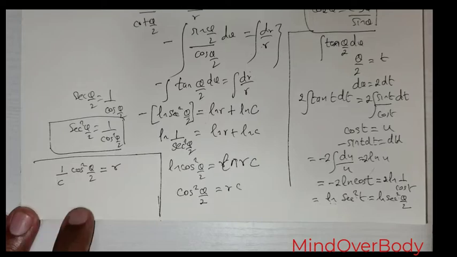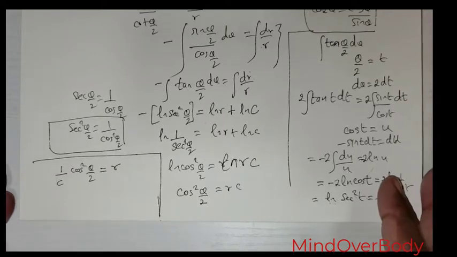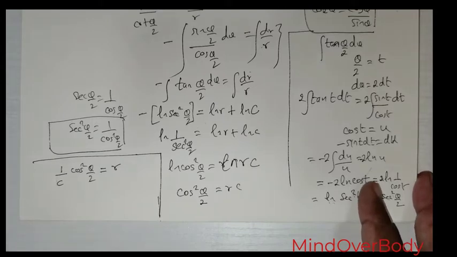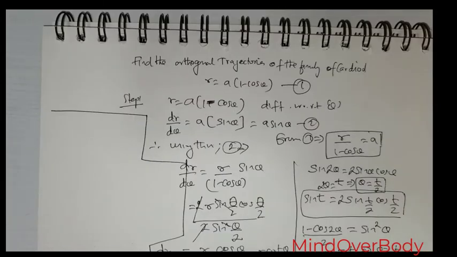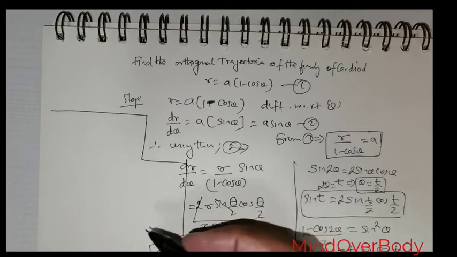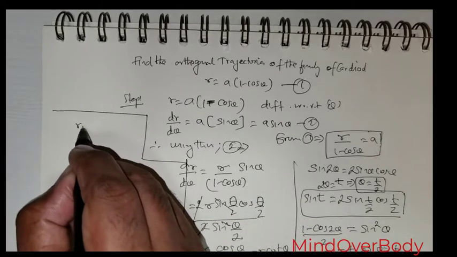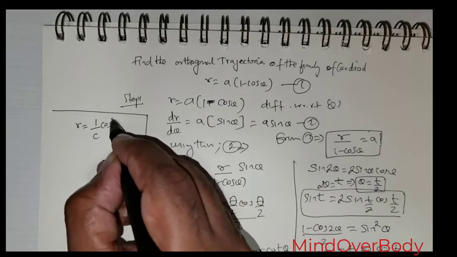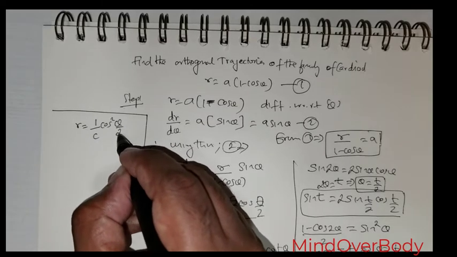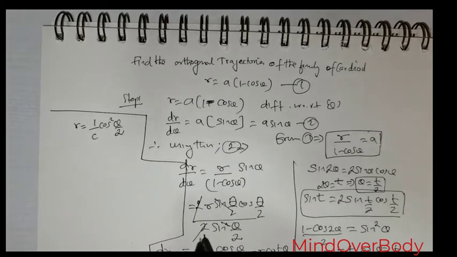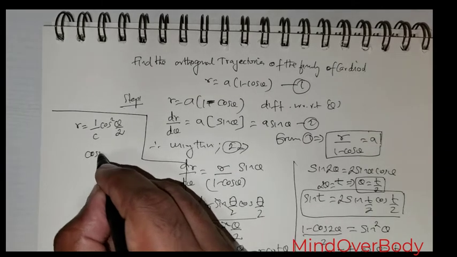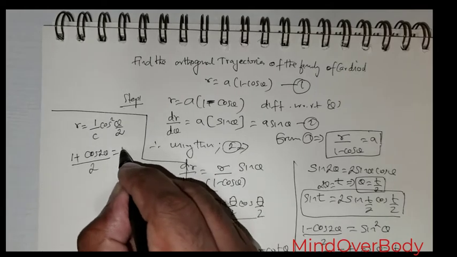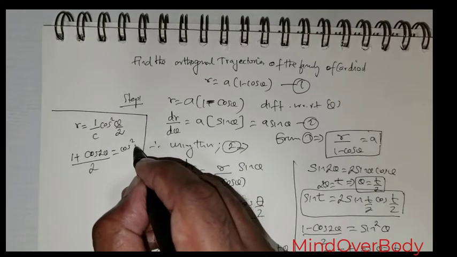Now moving back, I would like to draw your attention to this all important formula. So what is that all important formula? Now let me just use this space. So what we have got now is r is equal to 1 over c times cos squared theta over 2. Right, this is what we have got. I want to show you this formula. 1 plus cos 2 theta over 2 is cos squared theta.